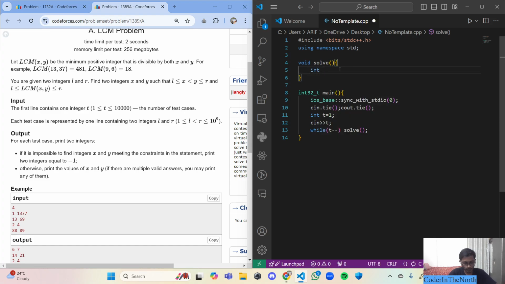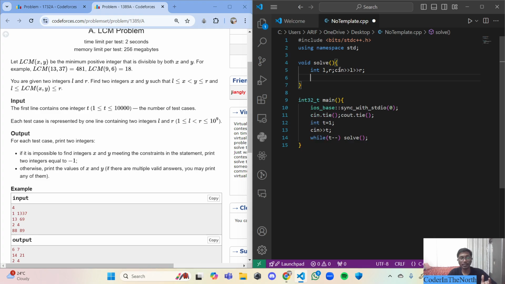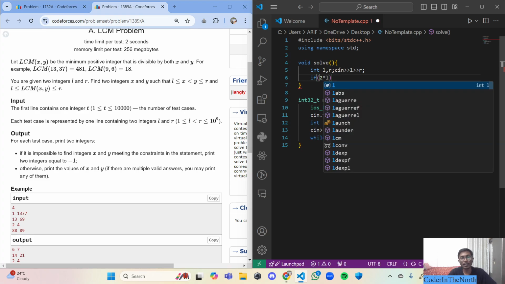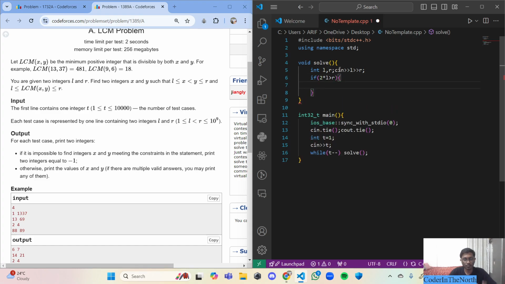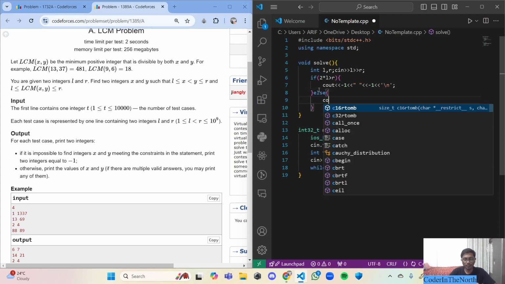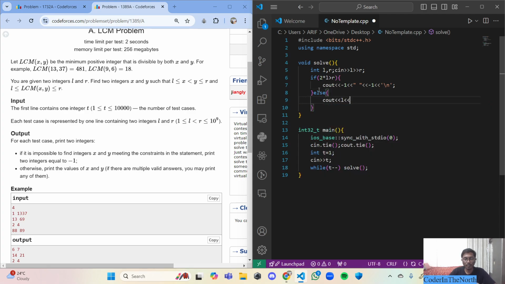I have int L comma R. Now what I said is that if 2 into L is greater than R, cout -1, and else cout L and 2 into L.